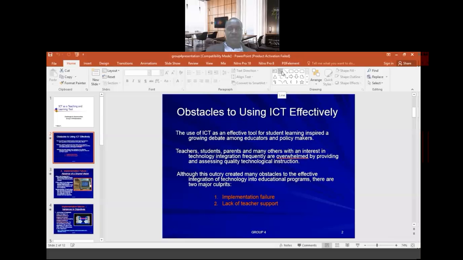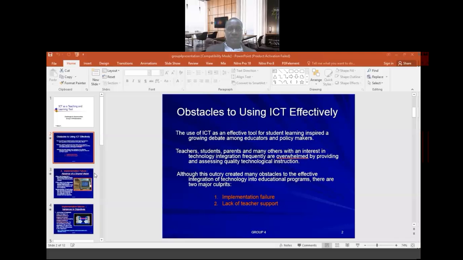And this has been an issue for quite a while, the implementation of ICT into the education sector. So our lecture is going to concentrate on two major components.